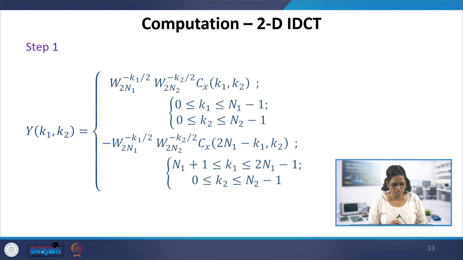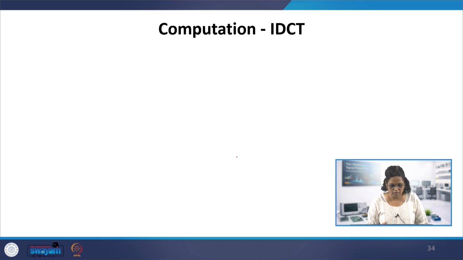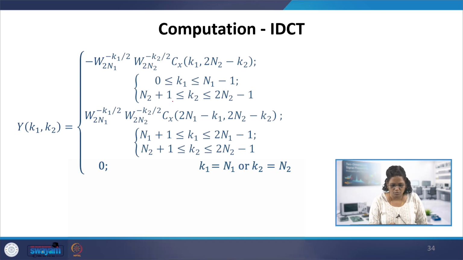And for the inverse DCT, once we have these coefficients, we have to extend them to all the 4 patches that we had. So for y of k1 comma k2, for the n1 and n2 samples, we have the minus k1 and k2 similar to the 1D, and we have extended only to n1 plus 1 to 2n minus 1, and here 0, 0, this is for one direction, and next y of k would be for the next direction, and this is for both the directions.